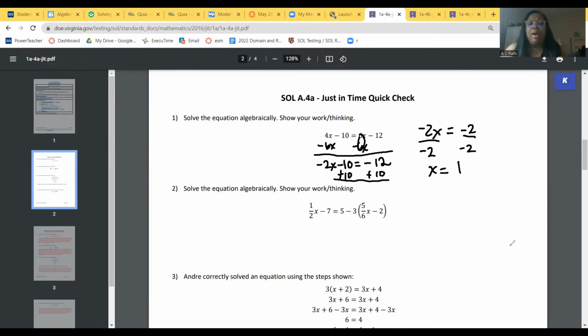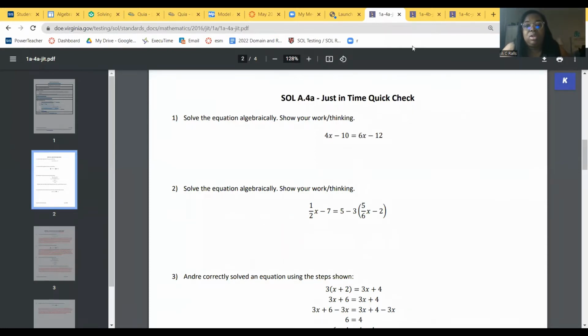So let's talk about how you can take that same equation that was just solved and use Desmos to solve it. What's great about the Desmos calculator is that you get to utilize it to check your work and also utilize it to get the answers to some of these questions.